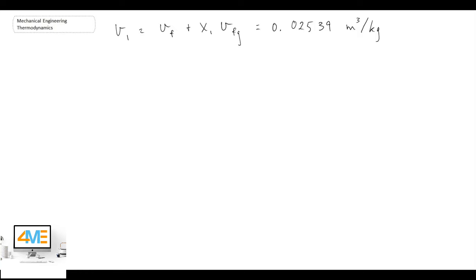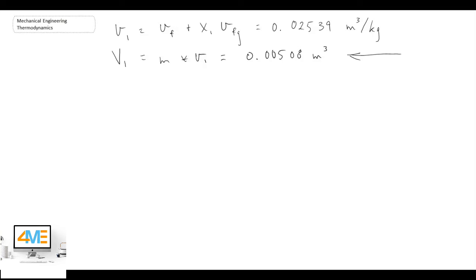We use our equation that enables us to determine that. Then in order to determine the volume, we know the mass in kilograms, we multiply it by the specific volume at state 1, and that enables us to determine the answer to the first part of the problem.